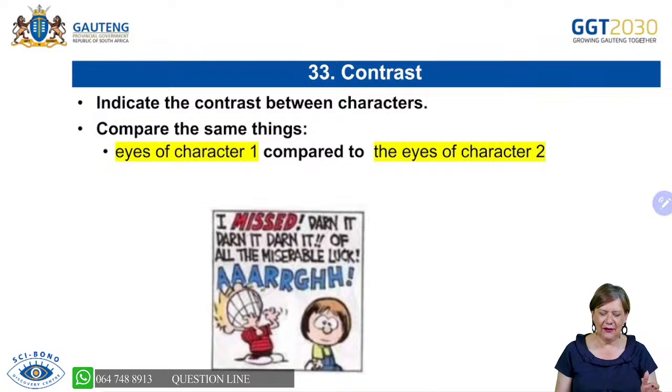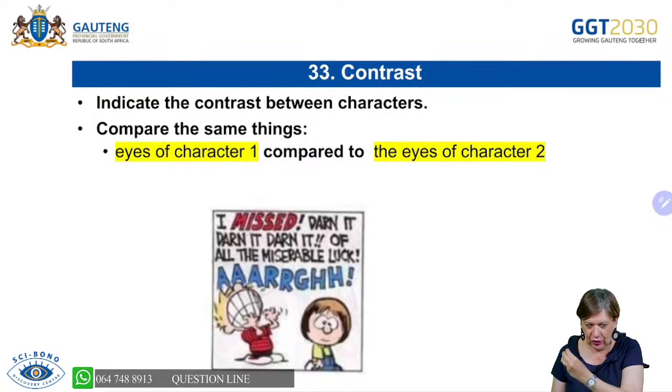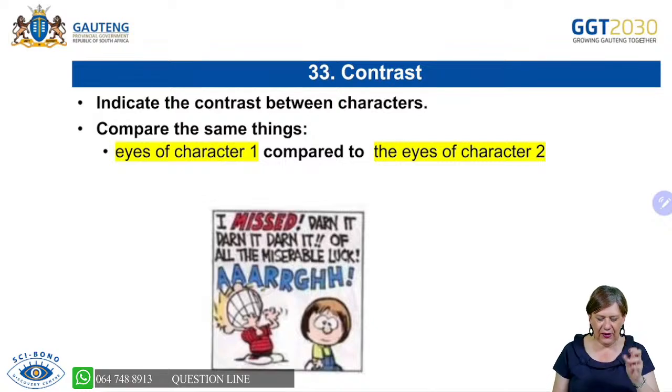Well, it's easy. If you're looking at the eyes of character 1, I need you to refer to the eyes of character 2. So I need to see that comparison. Look at my picture here. Calvin's eyes are obviously closed. Susie's eyes are big, open and wide. Wide, not wild, wide. W-I-D-E.